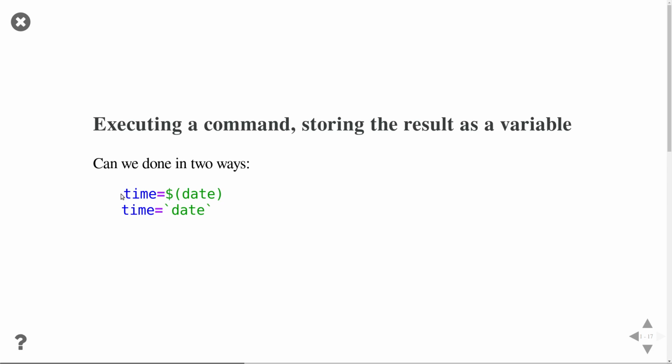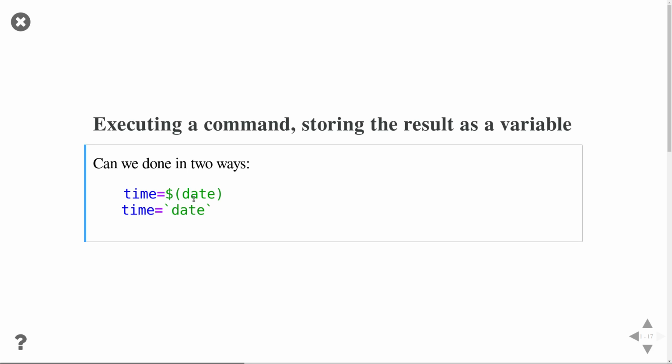There are two ways of doing that with the same result. So you can use time equals $( and then the command that you want to have executed. Or the second one is to use these special quotation marks here. They have the same result.